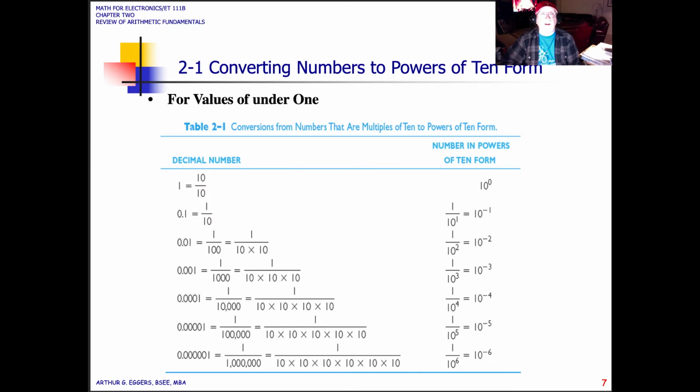We can look at it also in terms of the reciprocals or the values that are less than 1. Again, 10 to the 0 is 1, so that's just 1. 10 to the minus 3rd, we've got 3 zeros in the denominator. 10 to the minus 6, we've got 6 zeros in the denominator.